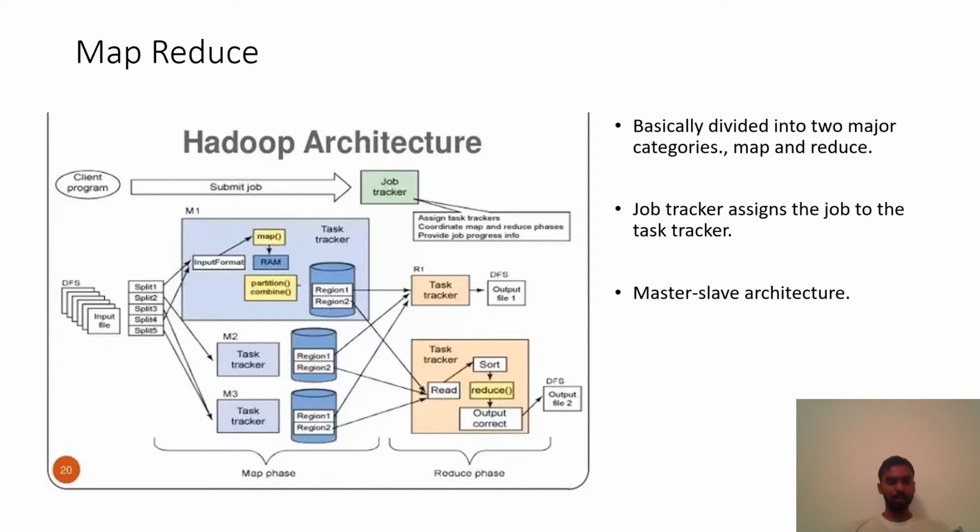At the different task trackers, the input file is split and stored, mapped and saved, and the location of the data is stored at the task tracker. The job tracker keeps getting updates from the task tracker about the location and information of the client process.